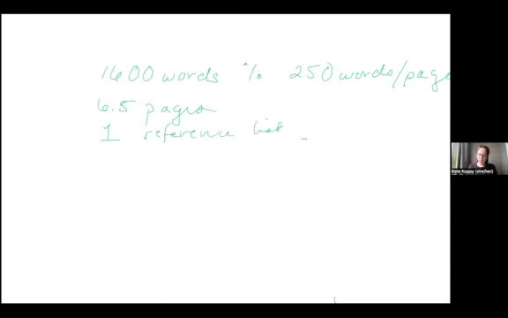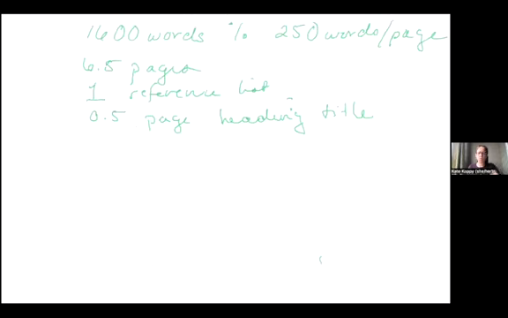And approximately half a page is going to be the kind of top matter, the stuff that goes at the top of the first page, right? Your heading and your title, whatever has been specified in the prompt that you need to put up there at the top of that first page. So already we can subtract 1.5 pages from the 6.5 page total, and we get to 5 pages.